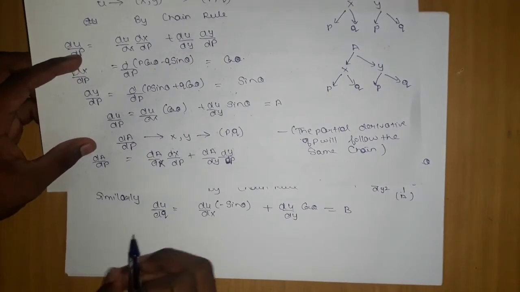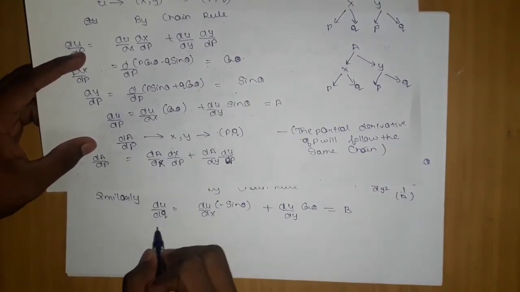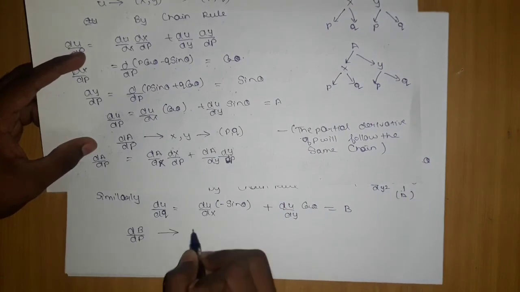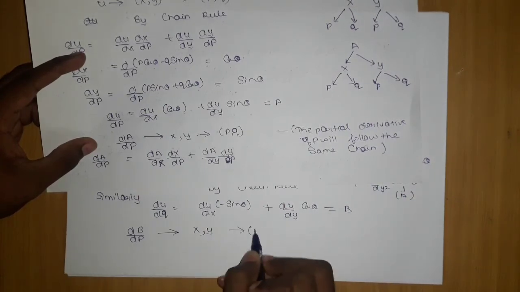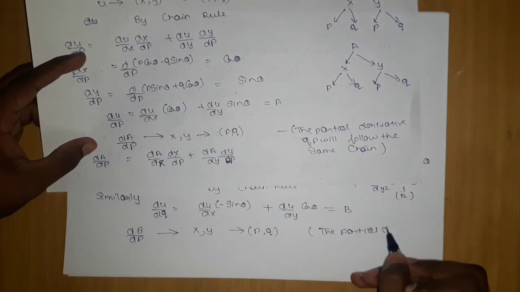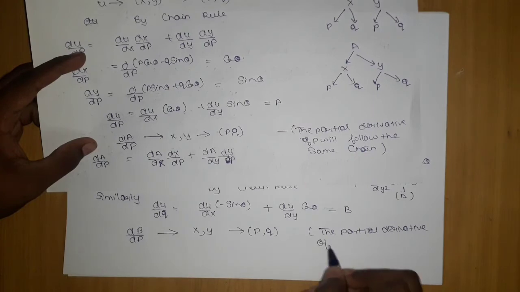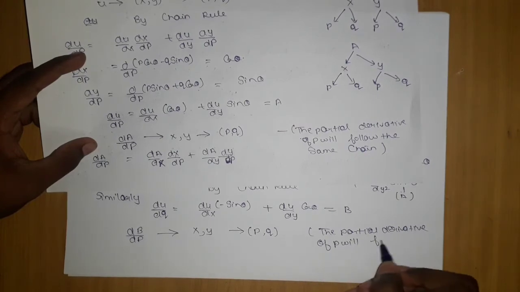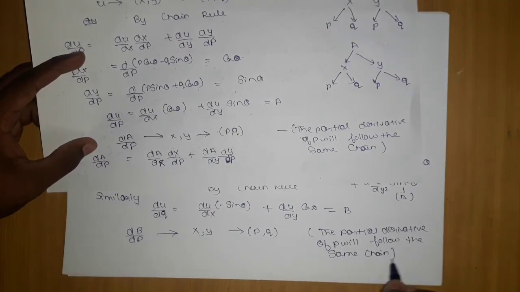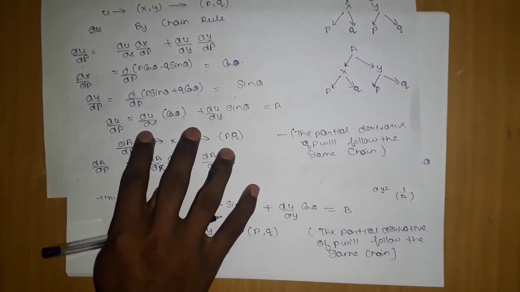Now partial ∂B/∂p will follow the chain rule as it is, because the partial derivative of B will follow the same chain rule as the first derivative follows. That is the property for that derivative, for p.